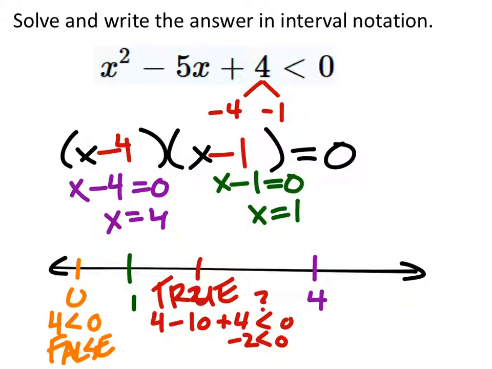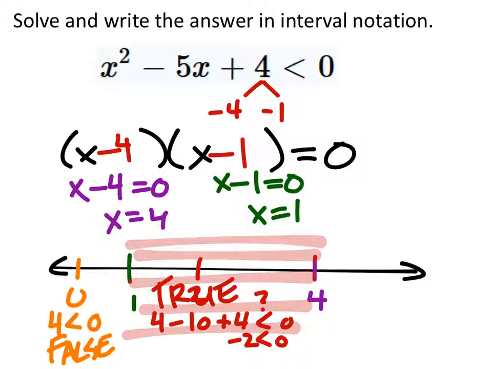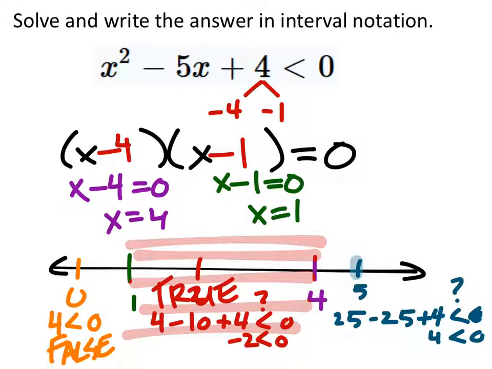At least we know that this interval is going to give us truth. Next, we'll test some value to the right of 4. We'll just say 5. Then I've got 5 squared, which is 25, minus 5 times 5, which is 25, plus 4 is less than 0. We got 4 is less than 0. That is false.